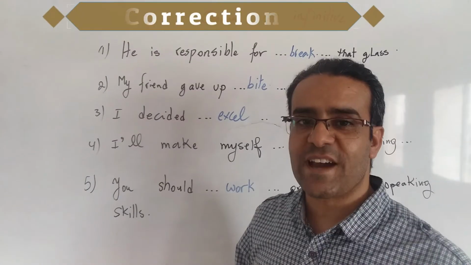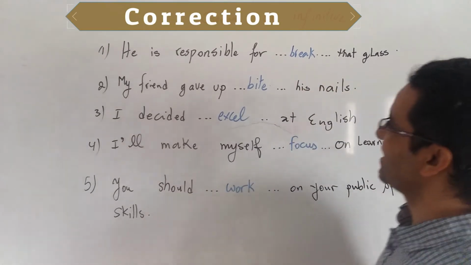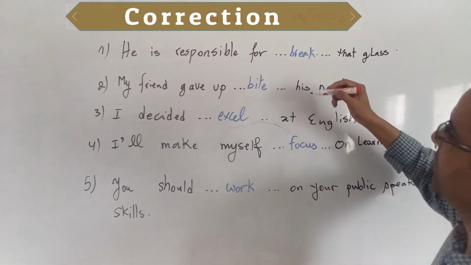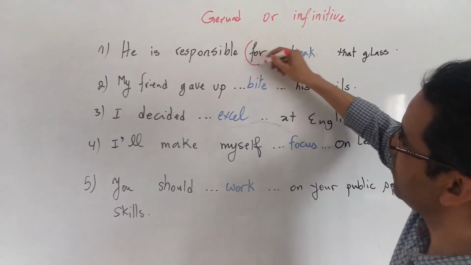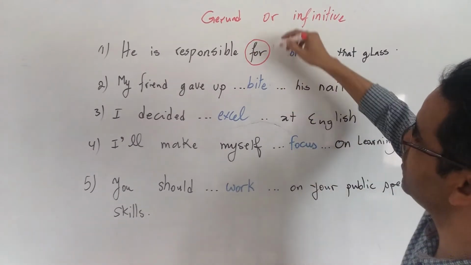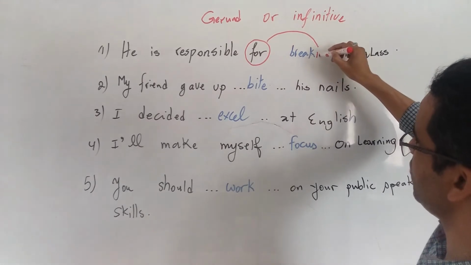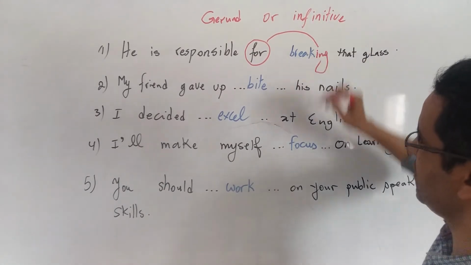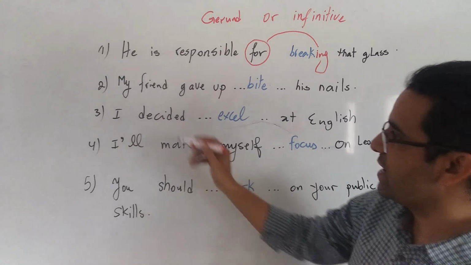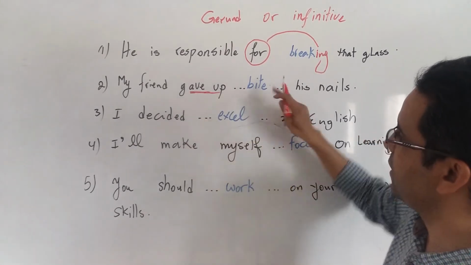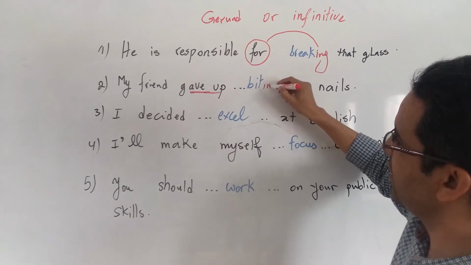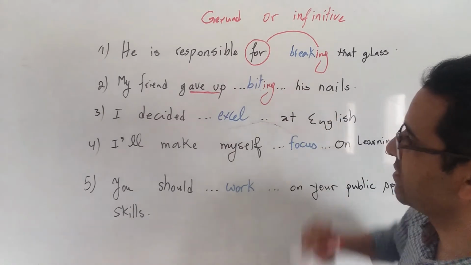So let's do the correction. The first one, he's responsible. Well, because we've got a preposition here, we need to have ing. My friend gave up, this verb is followed by ing.